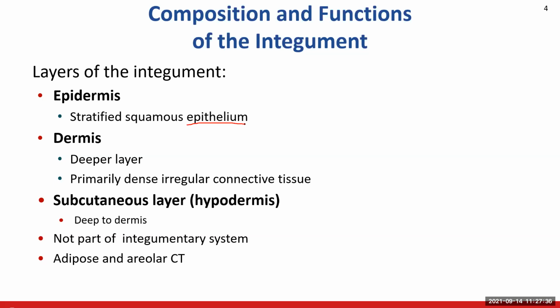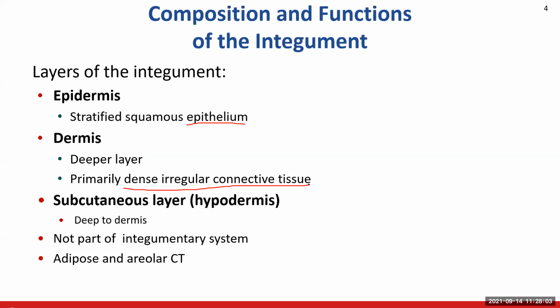So the deeper layer of our integument is the dermis. The majority of the tissue there is what we call connective tissue proper, specifically dense irregular connective tissue. That's another test question that I've seen before. Dense irregular connective tissue is the primary tissue type in the dermis.